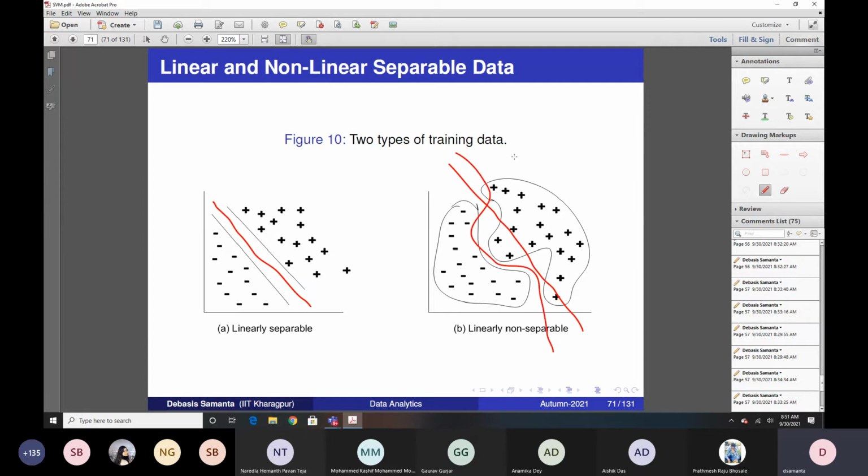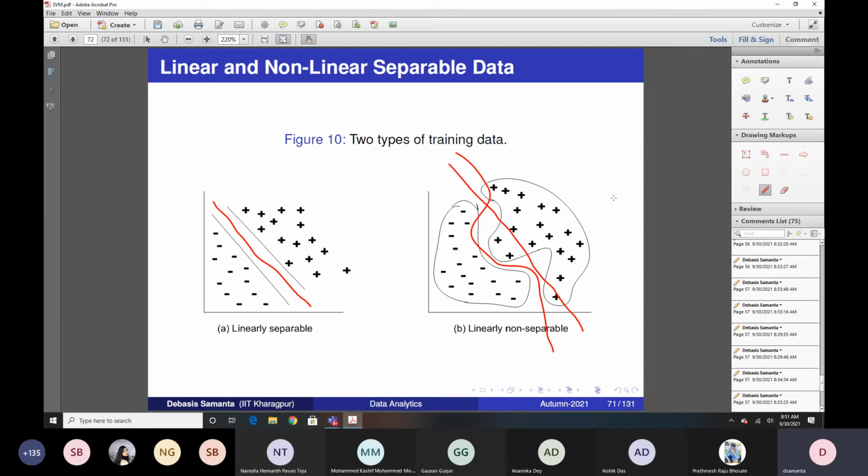This non-linear boundary should take a form other than w dot x plus b equals 0. Let's see whether we can have some non-linear expression instead of w dot x plus b equals 0.